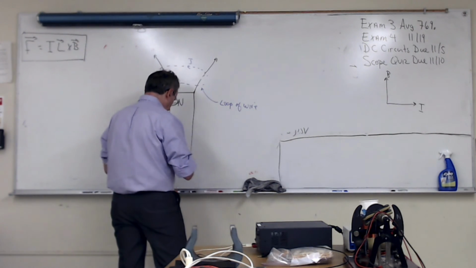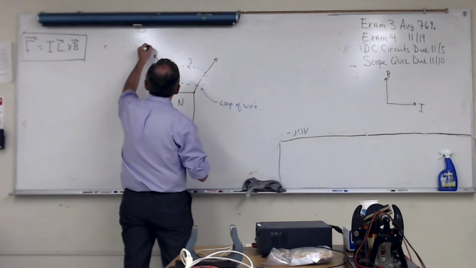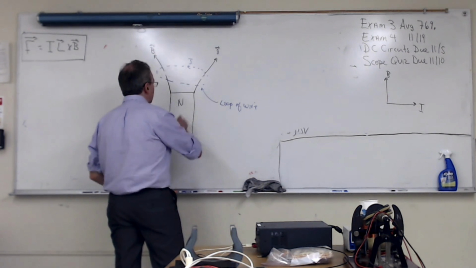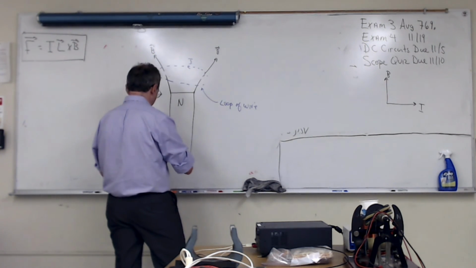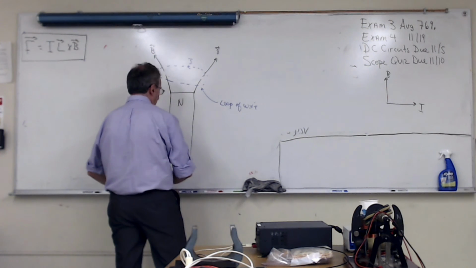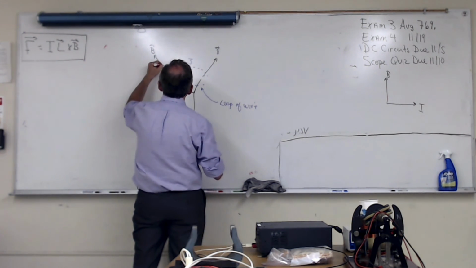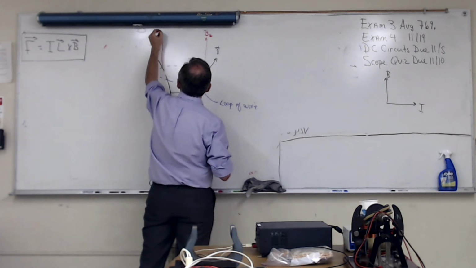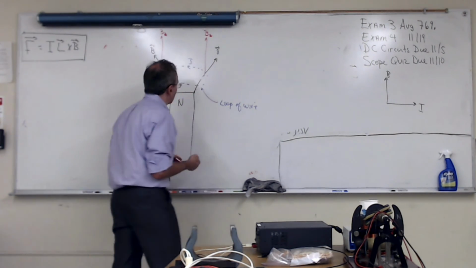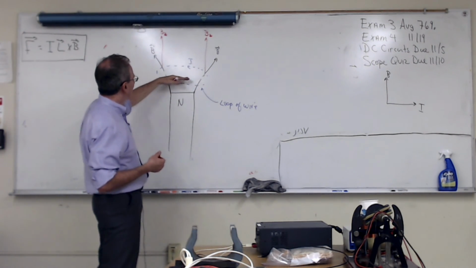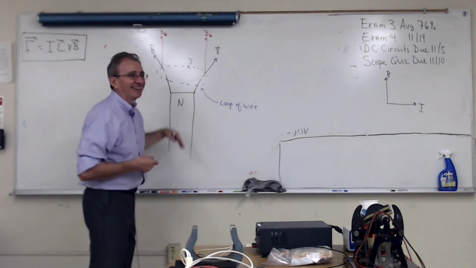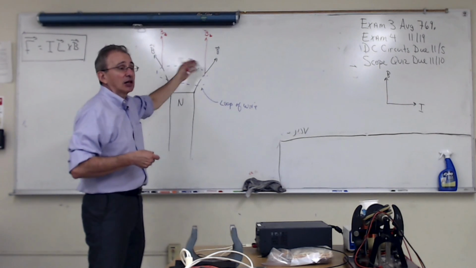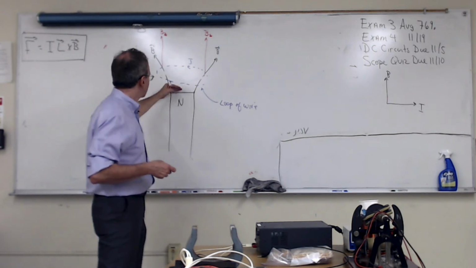So this is B. This magnetic field has a component that points up here and it points up here. We'll call it B sub z. Well, I drew that loop badly. It should be horizontal. But the value of B sub z is the same all the way around for that distance from the magnet.